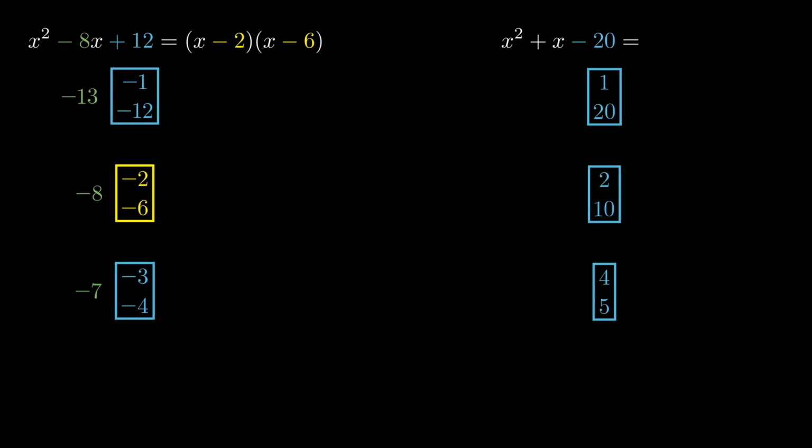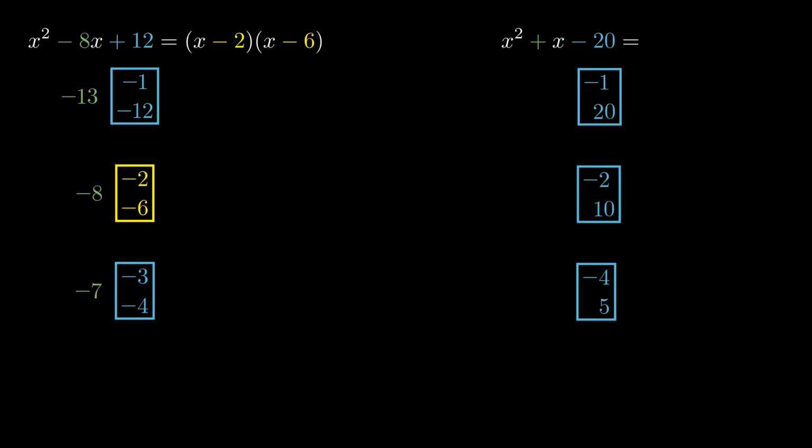And we can actually see which one quite easily by looking at the middle number, which here is just +1 because there's a single positive copy of x there. But the important thing is that it's positive. So when we look at our factor pairs, we need the bigger one to be positive and the smaller one to be negative, so that when they add, the positive one wins and the result ends up being positive.